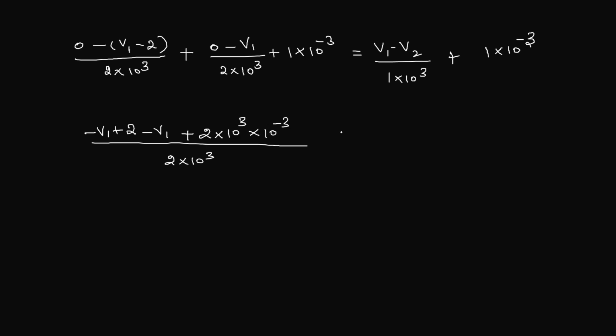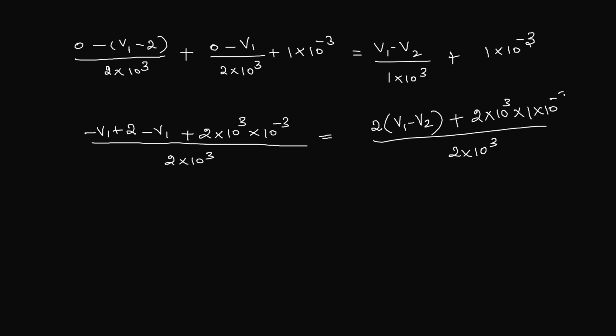That is equal to, on the other side with the common denominator 2 into 10 power 3, 2 times (V1 minus V2) plus 2 into 10 power 3 multiplied by 1 into 10 power minus 3.